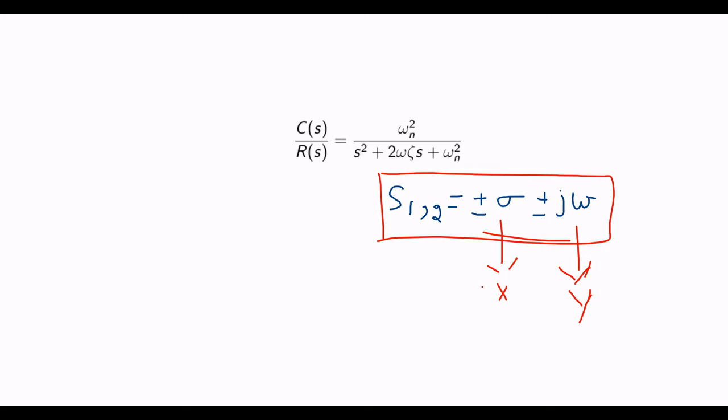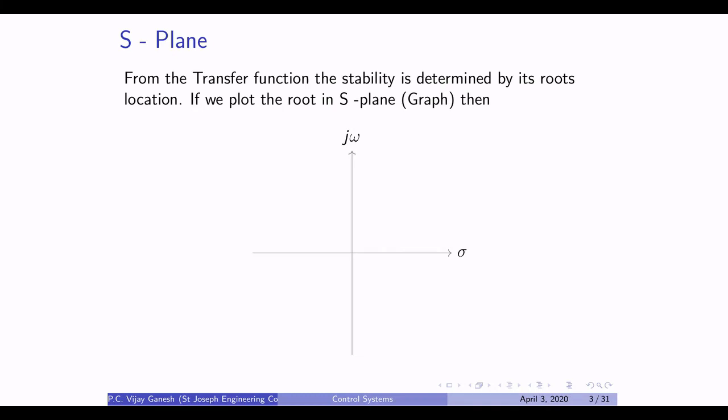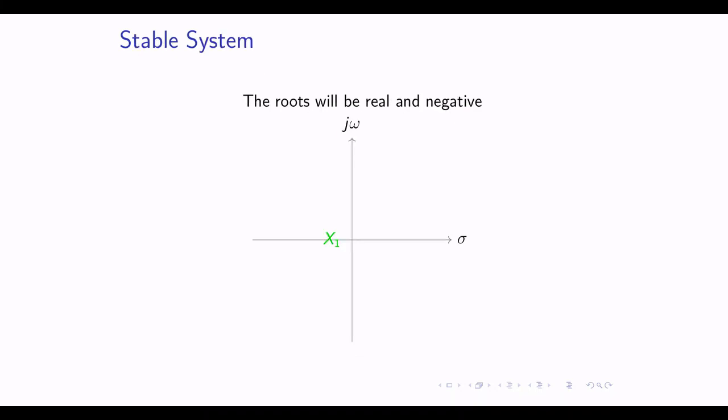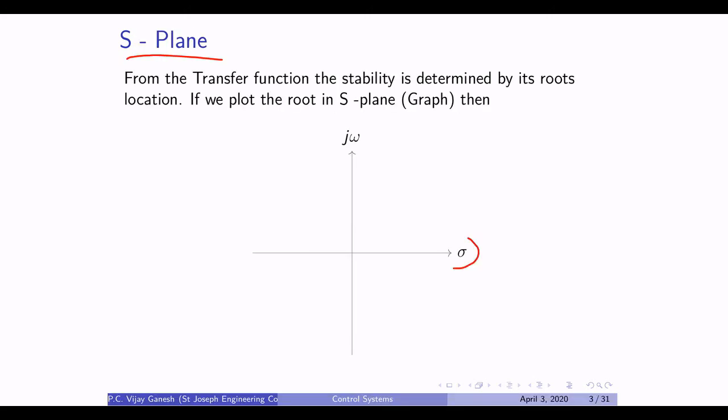This graph is called the S-plane, just similar to our x and y plane. Since we are taking the s parameter, we name this graph the S-plane. In the S-plane, as we have told earlier, the x-axis will be sigma, whereas the y-axis will be j omega.